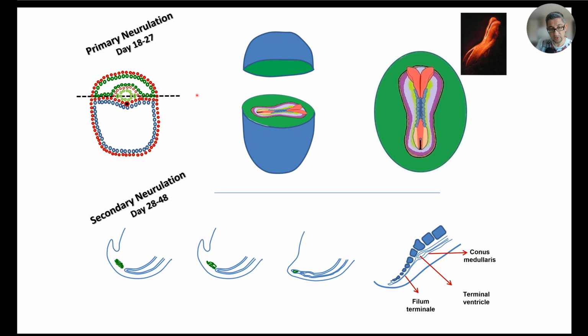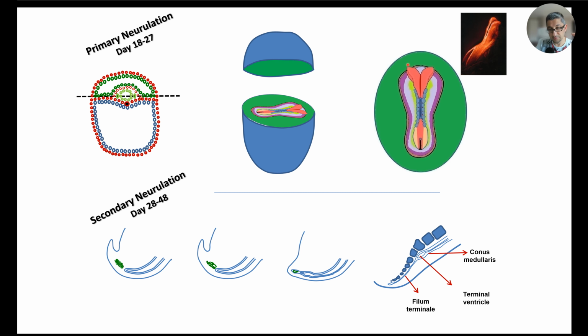If you look at the closure of the tube from above, and this is the correlation with the actual photo of the embryo, the tube starts closing in the mid portion and extends caudally and rostrally in a zip-like fashion. That's why the anomalies occur either caudally or cranially, but not in the mid portion. And the closure is down to the level of S2.